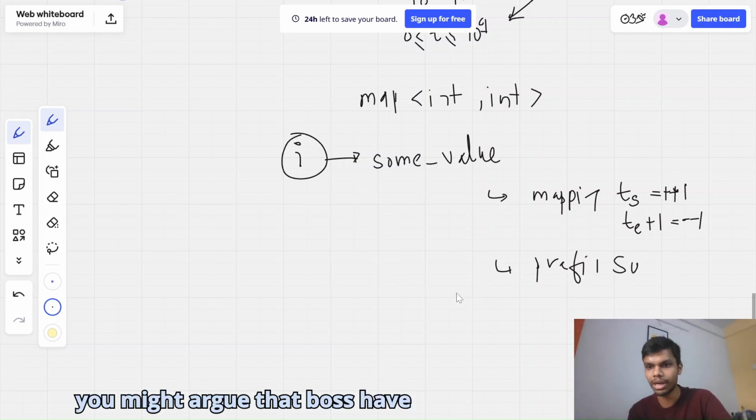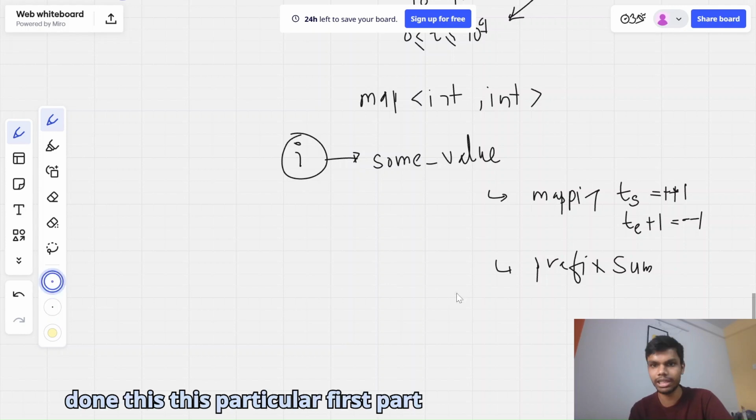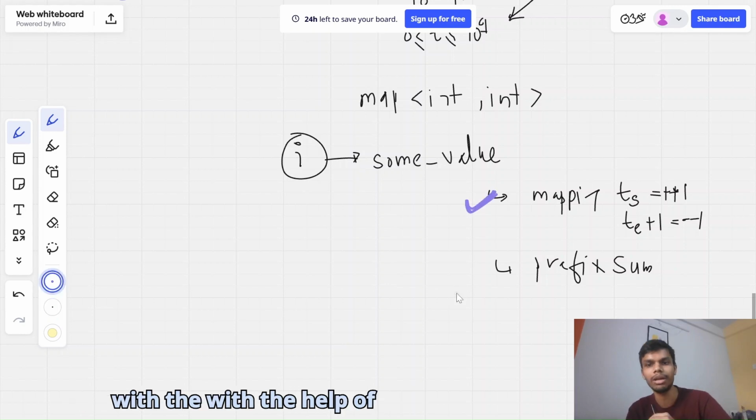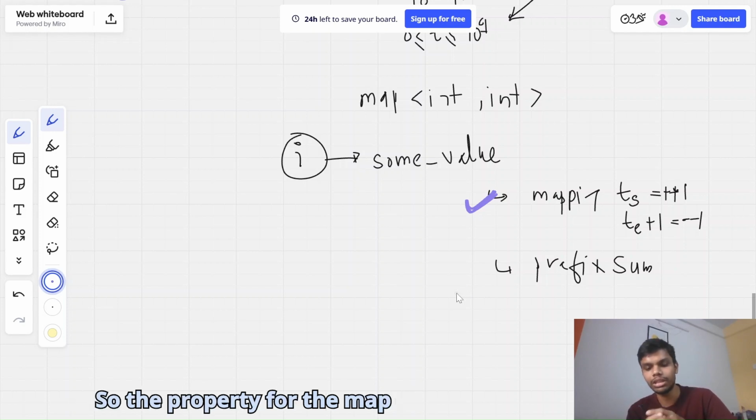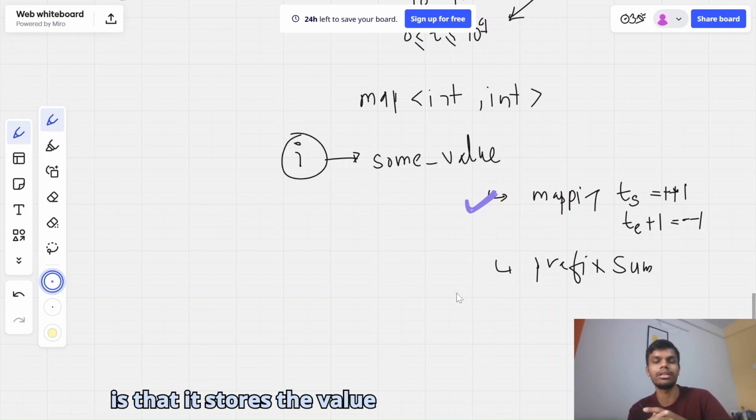Now you might argue, boss, I have done the first part with the help of a map, but what about the prefix sum? The property of a map is that it stores the values in sorted order, right?